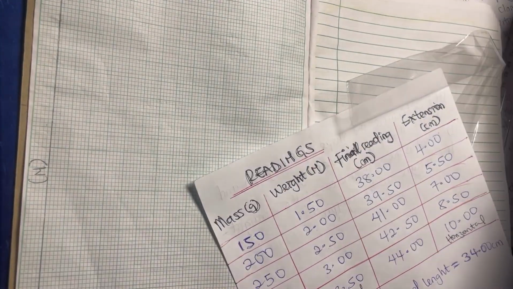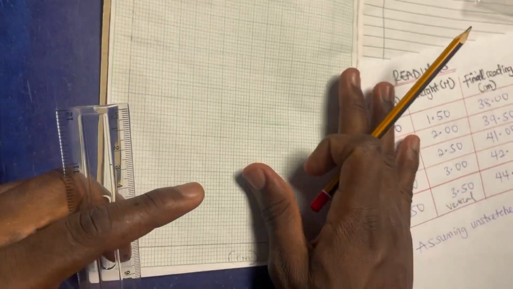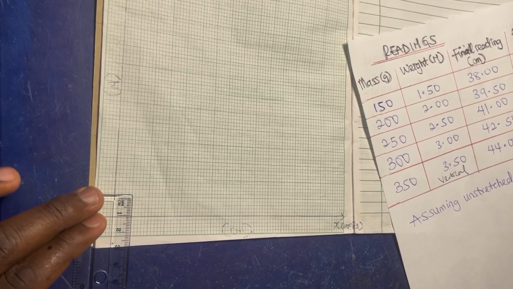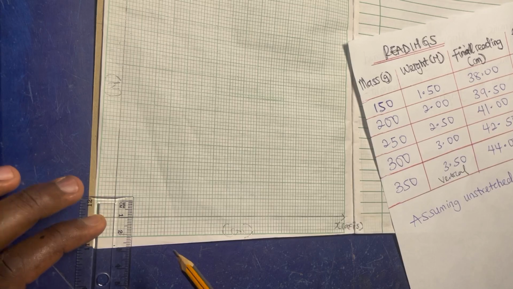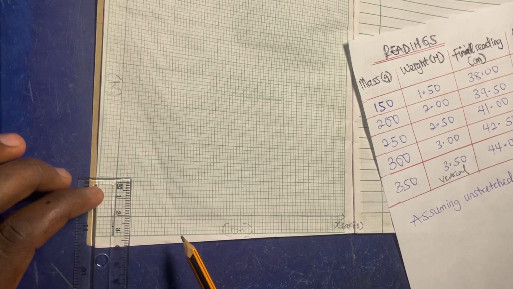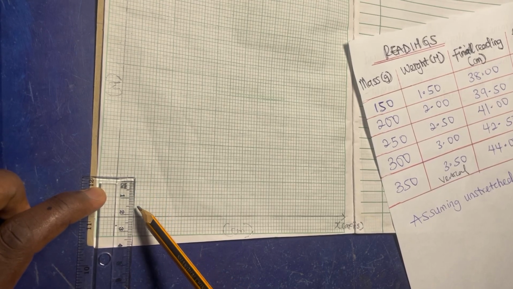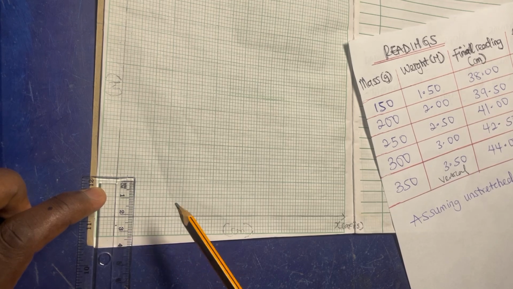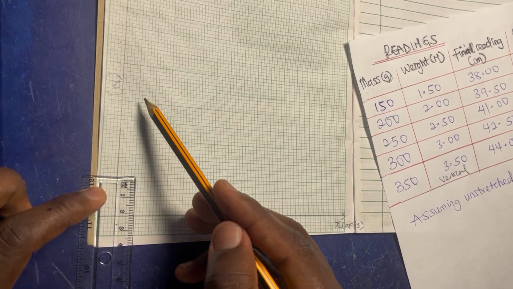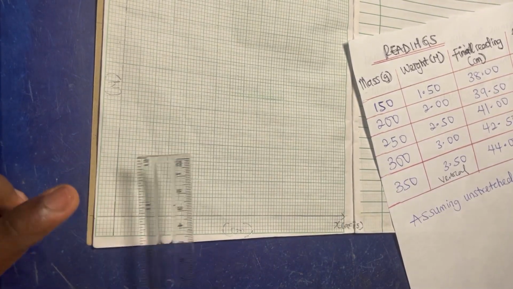Looking at this ruler, 2 centimeter is from here to here. I hope you can see. I've taken my origin from here, so let me put my ruler here. My 2 centimeter is from this place to this place. So if I put 0.5, 1, 1.5, 2, 2.5, 3, 3.5, that's good for this graph.